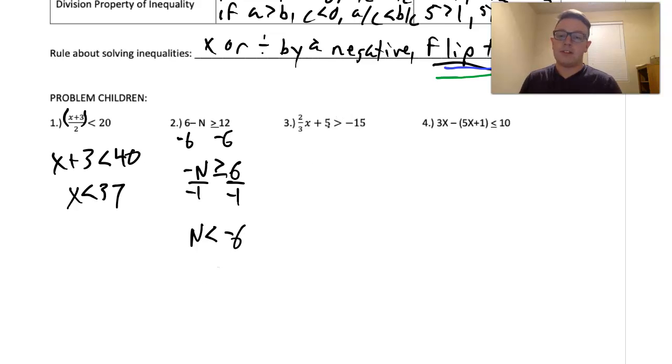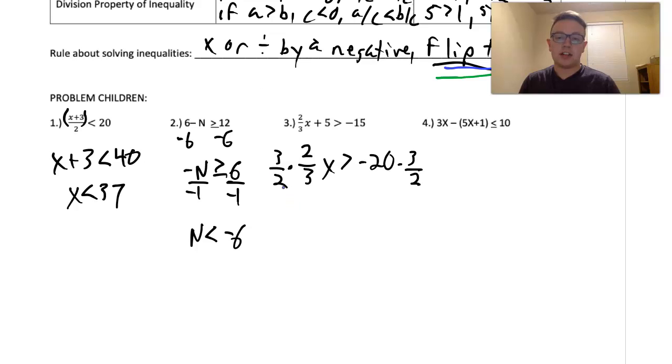All right, what about for this one? Well, we're going to subtract 5, which gets us to 2/3 x being less than -20. Now, how do we get rid of a fraction that's multiplied? Well, we have to keep change flip, or we have to multiply by the reciprocal. So we have to flip the fraction and multiply by it.